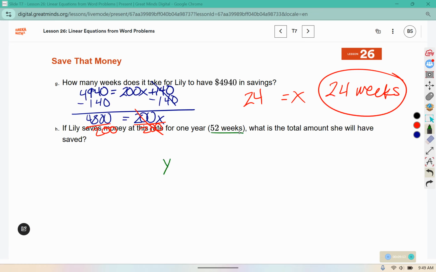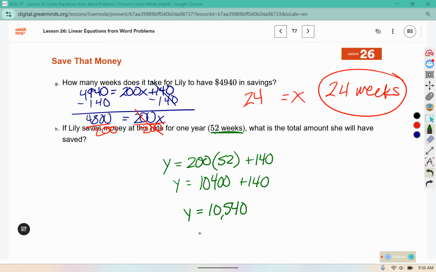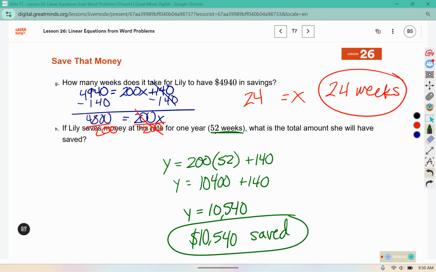So now that weeks is the x value. $200 times 52 to start, which is 10,400, plus 140 is 10,540. And that is in 1 year.